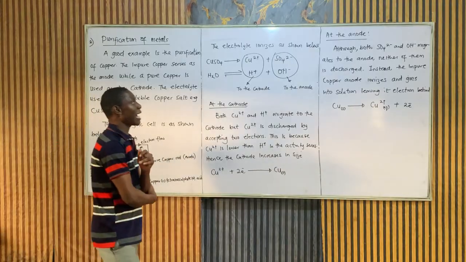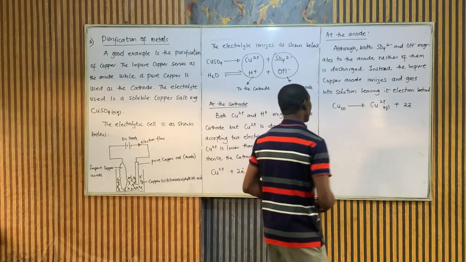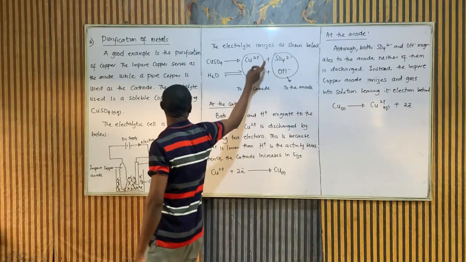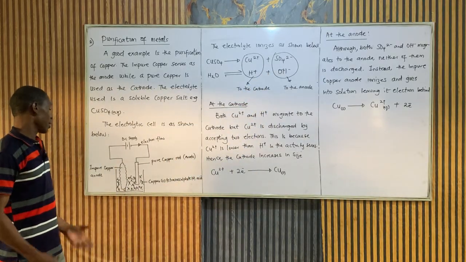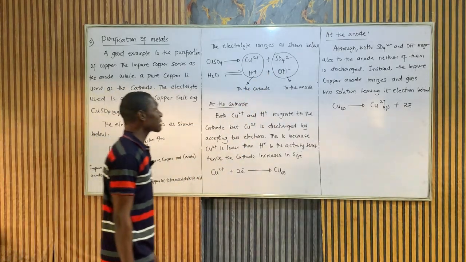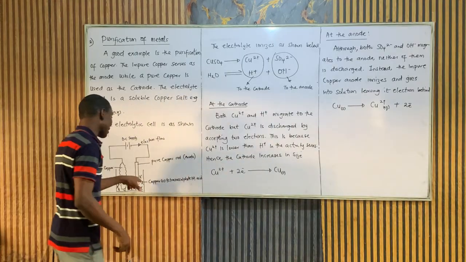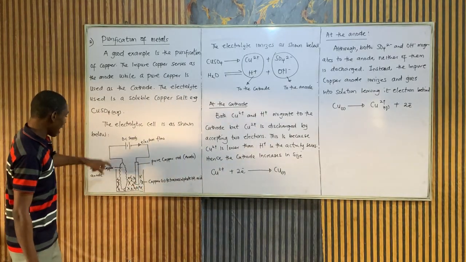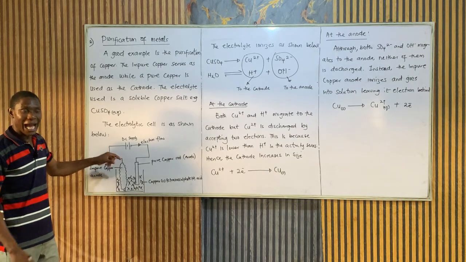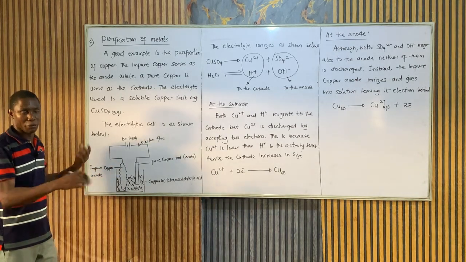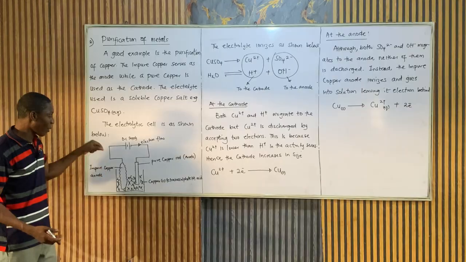Now, what happens at the anode? Well, even if SO4 2 minus and OH minus migrate to the anode, they are not discharged. That's because in the electrolyte, there is Cu2+ there, and there is some copper here. Just like this copper has been covered or filled with impurity, but there's copper here.